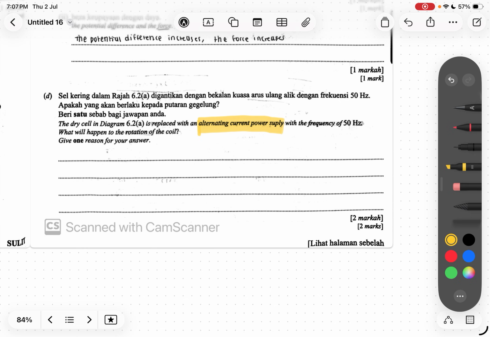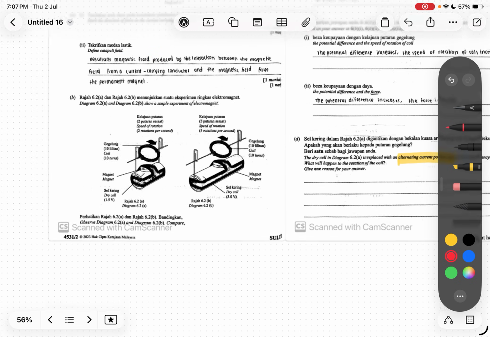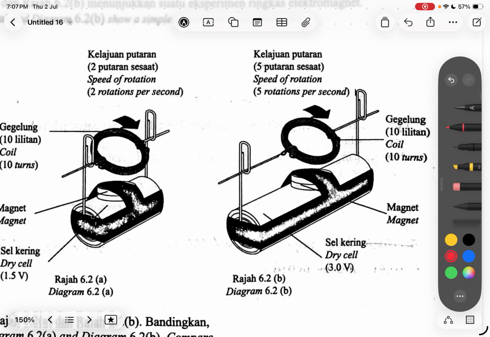What happens is that this is in one direction. When there's an alternating direction, it goes from left to right, left to right, over and over. So it won't move, because if you keep going left, right, left, right, you're not going anywhere, you're just vibrating.